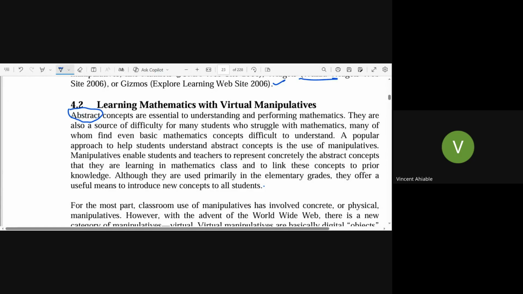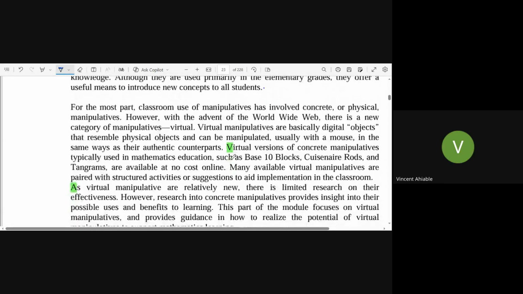Manipulatives enable students and teachers to represent concretely the abstract concepts they are learning in mathematics class and to link these concepts to prior knowledge. Although they are used primarily in the elementary grades, they offer a useful means to introduce new concepts to all students.